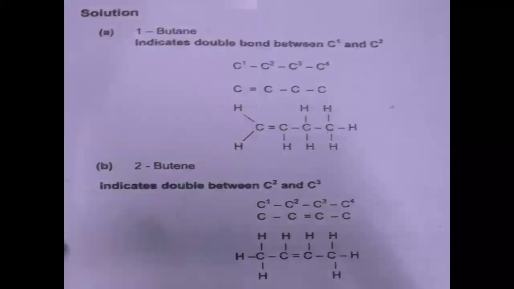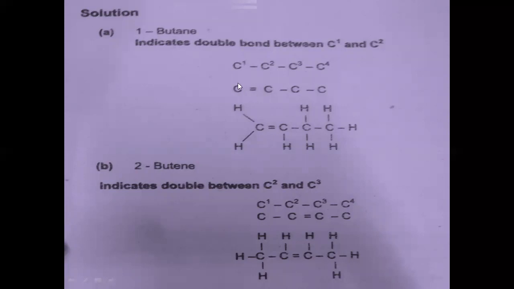Let us see in this case, as I told you, first of all we have to write the string of 4 carbon atoms, then we have to number the carbon atoms 1, 2, 3, 4. As in the case of 1-butene, the double bond must be at carbon number 1, starting from carbon number 1 and between the next carbon atom, which is 2. So we will make a double bond between carbon number 1 and 2, but the starting point must be 1 because it is 1-butene.